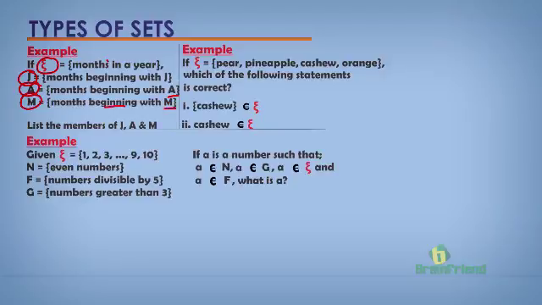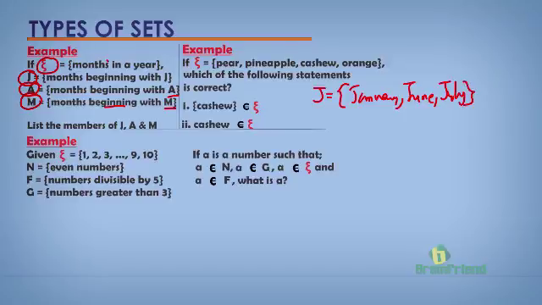If we were asked to list the members of the set, let's do a list quickly. Our set J would be January, June, and July.